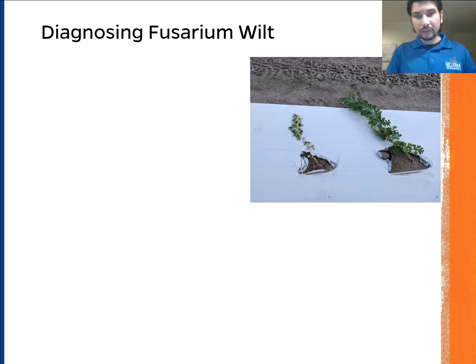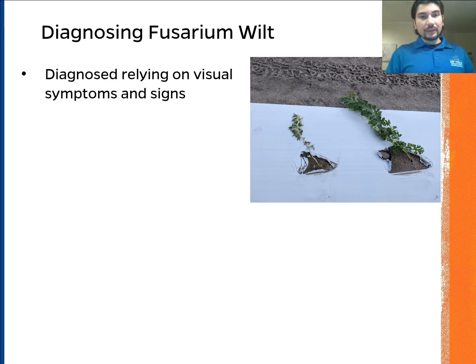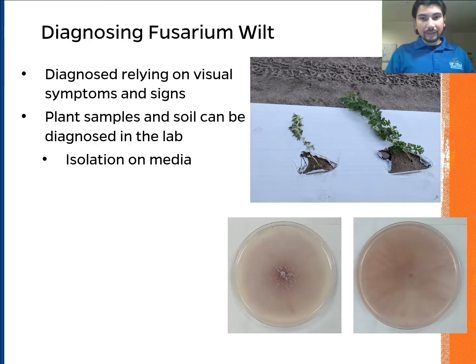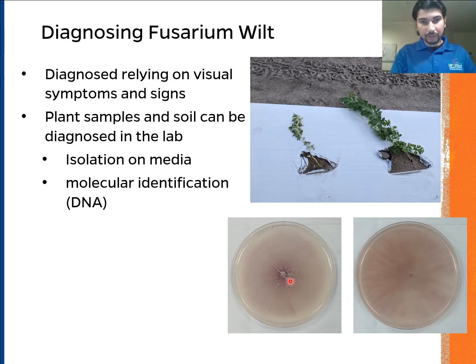Fusarium wilts typically are diagnosed in the field through scouting using visual symptoms and signs. In the lab, the plant samples and soils can be isolated on media, which we can purify to get pure cultures, just like these two shown here. Typically on culture media that has a base of dextrose, Fusarium oxysporum is going to exhibit this kind of purple color, which you can use to identify it as Fusarium oxysporum.